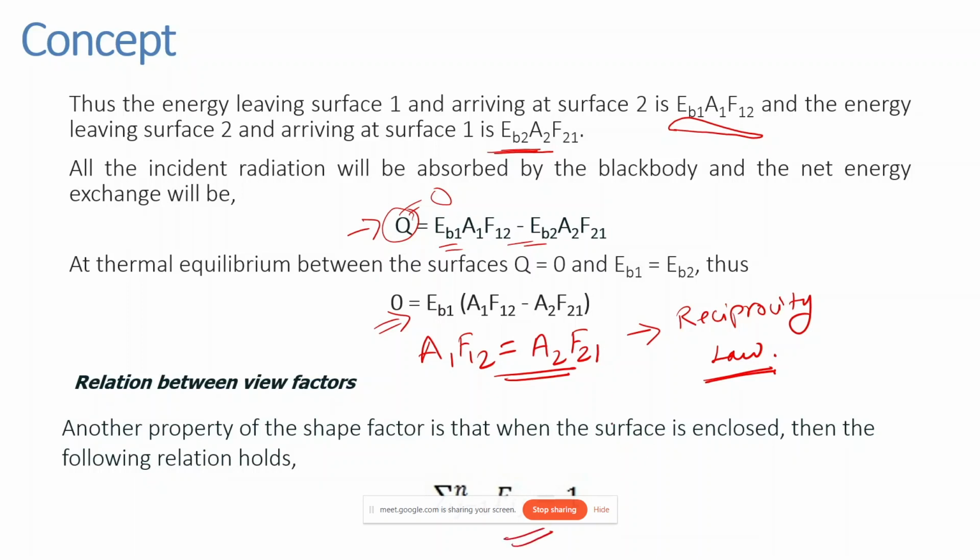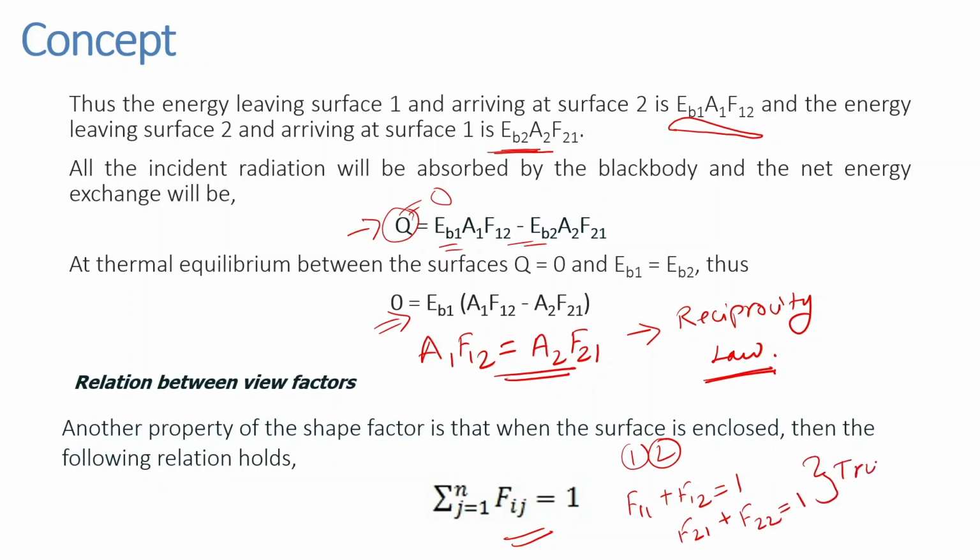Let's say I'm having two surfaces, 1 and 2, then I can write F11 plus F12 is equal to 1. Also F21 plus F22 is equal to 1. So this will hold true.